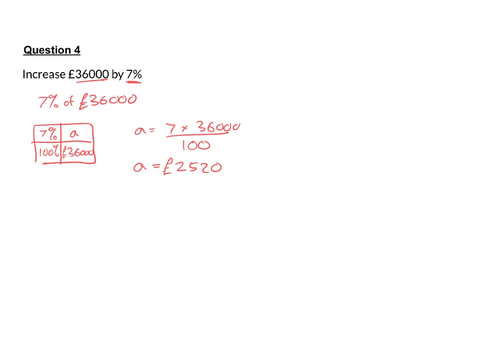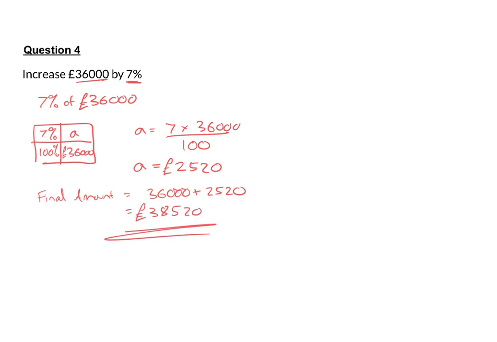So my final amount, I will call it here, is equal to the 36,000 plus the increase of 2,520, and that gives me 38,520 pounds. That method works, that method's good, nothing wrong with that method at all.